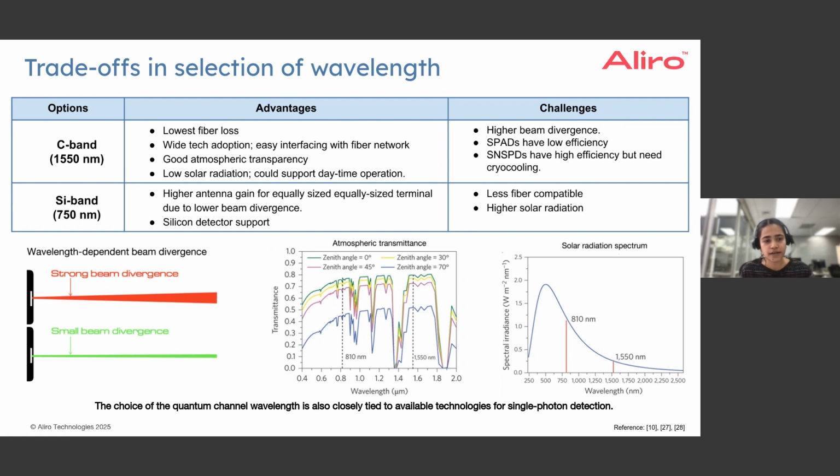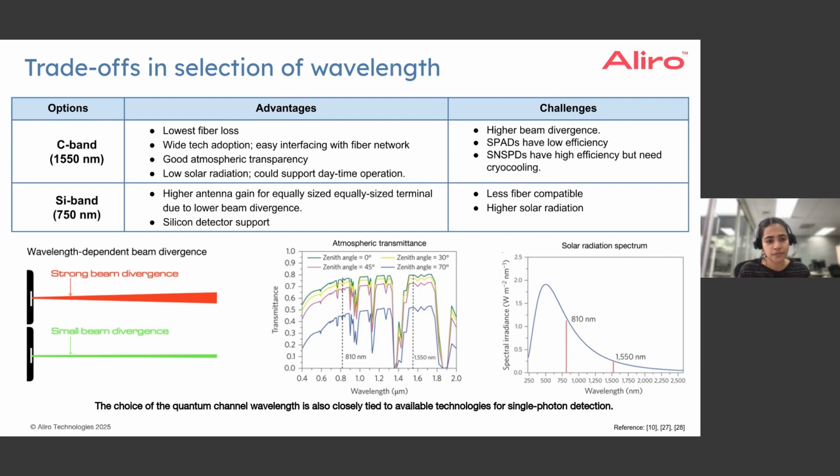There's also the other wavelength band, which is the silicon band, 750 nanometer band. This has some significant advantages just coming from the fact that there is good technology for single photon detection that is going to have lower size, weight, power, and cost constraints coming in. And the silicon detector support is one of the key features here. In addition, we want to be considering how much of a beam divergence will occur as the optical beam traverses through free space.